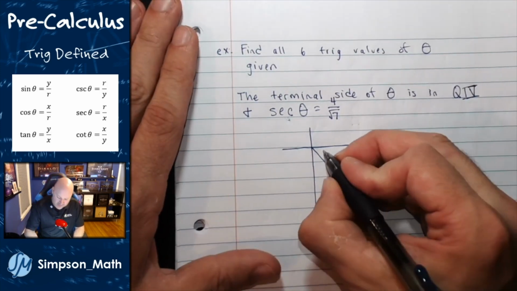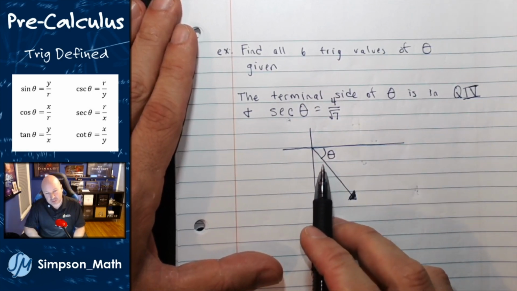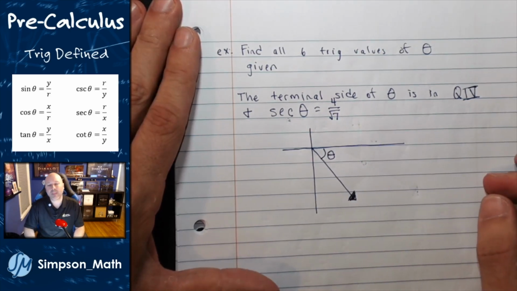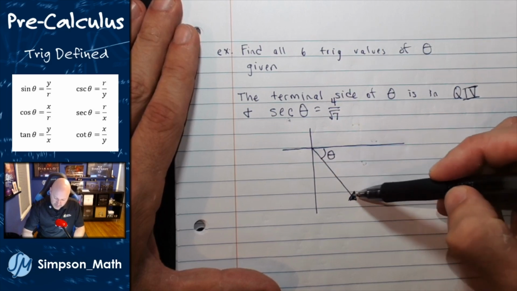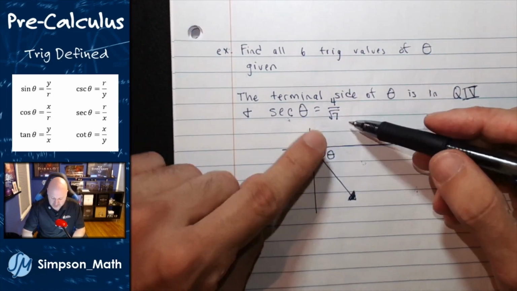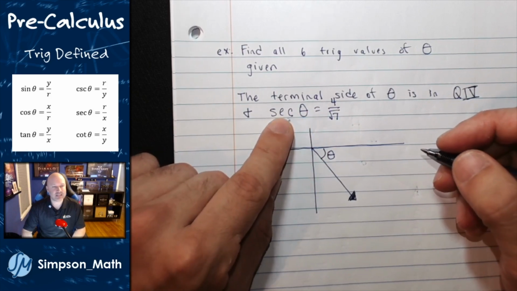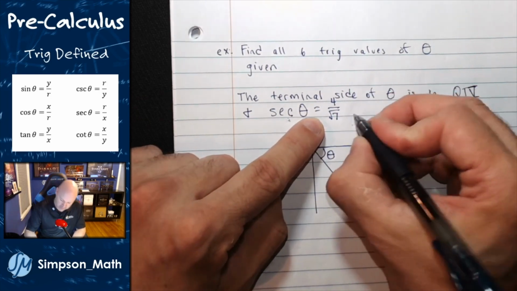That terminal side will have a reference angle formed from the terminal side to the x-axis, so going up here. I could even draw a triangle. Well, I do have some values, so maybe I'll deal with that first. I know secant is defined as the radius over the x value.